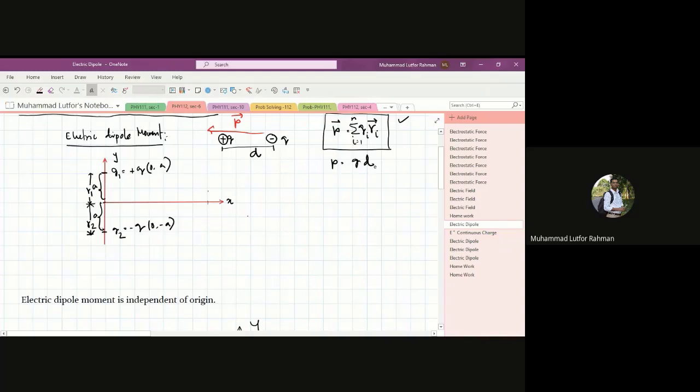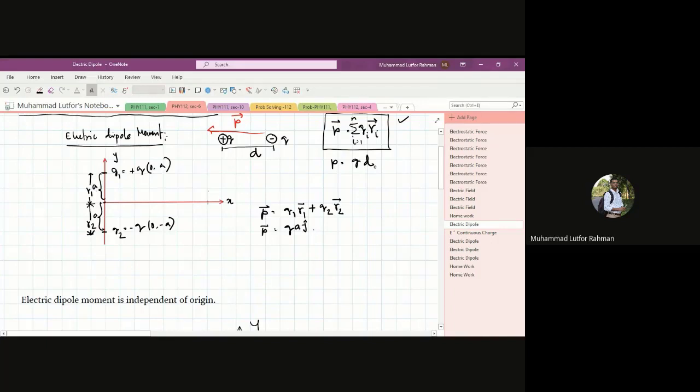Then the electric dipole moment for this pair of charges, we can write P would be Q1 R1 plus Q2 R2. Now I put the value of Q1, which is plus Q, and R1 is that distance, which I can express as A into j hat, because I know the length from 0 to the Q1 position is A.